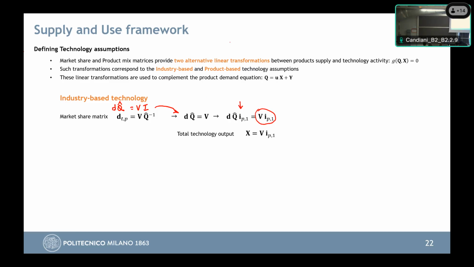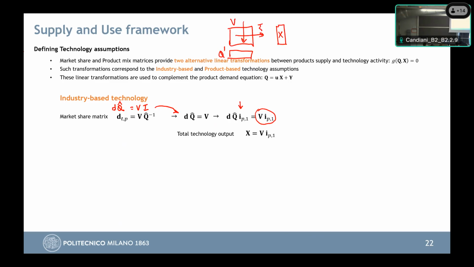Remember that if we have V, this is the V table, if we sum all the columns this way, we get X, the total activity, while if we sum all the rows, we get the transpose of Q. You remember the structure of supply and use tables, right?